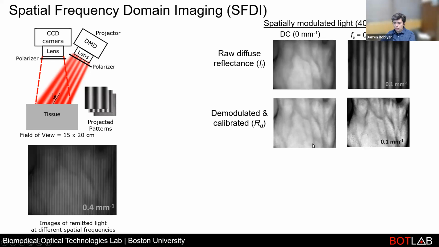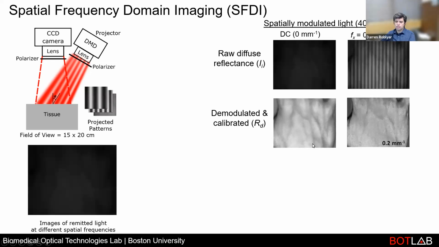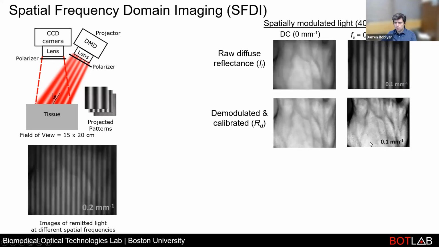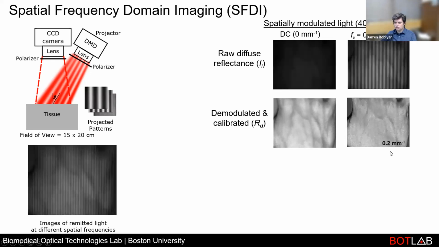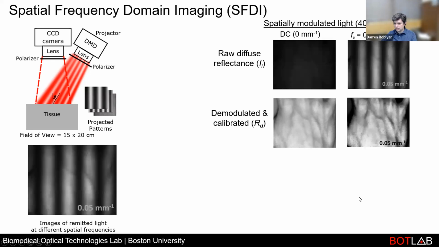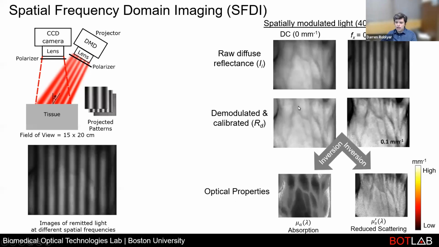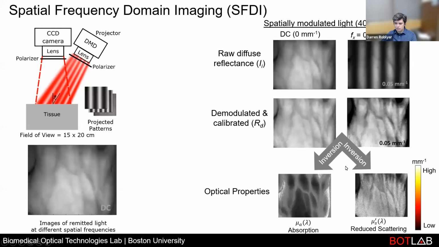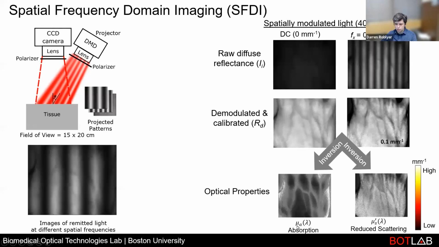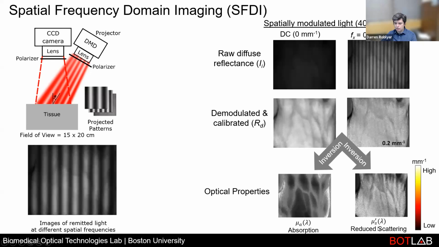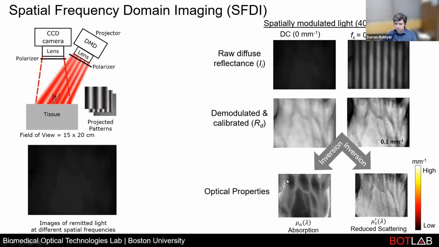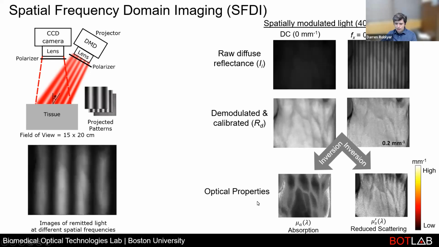And you can see them quite a bit better at low spatial frequencies. And it turns out that low spatial frequencies are more sensitive to absorption, and progressively higher spatial frequencies are more sensitive to optical scattering. And then an inverse model is used to take these diffuse reflectance maps and convert them into maps of absorption and reduced scattering. And we have to perform the inverse model for each pixel in this image. And now we have optical properties.